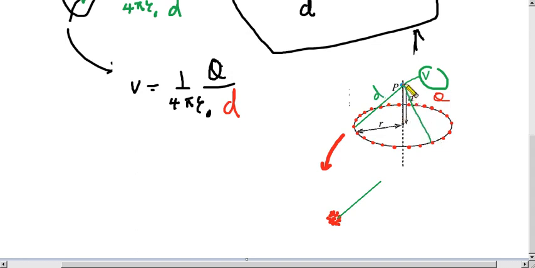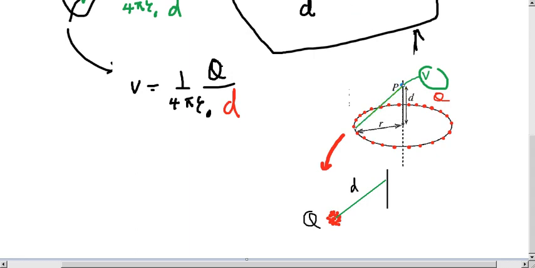From each of the other charges also the distance is the same, d. Therefore we can collect all these charges to one point like this and get a single distance d, because all these are equal. So the charge is q. Now the question is how to find out this d.